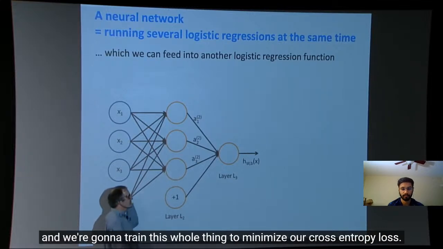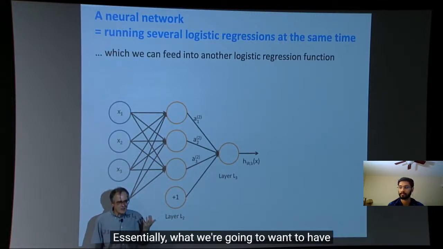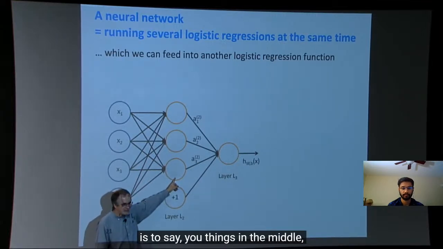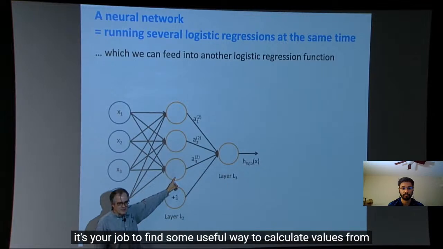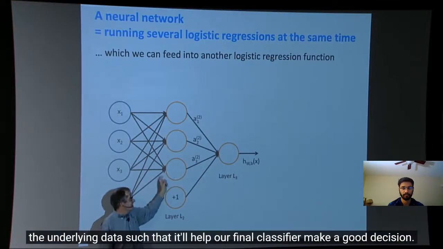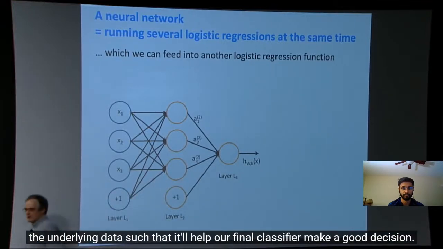And we're going to train this whole thing to minimize our cross-entropy loss. And essentially what we're going to want to have happen, and the backpropagation algorithm will do for us, is to say, you things in the middle, it's your job to find some useful way to calculate values from the underlying data such that it'll help our final classifier make a good decision.